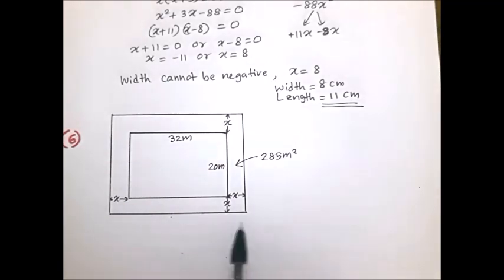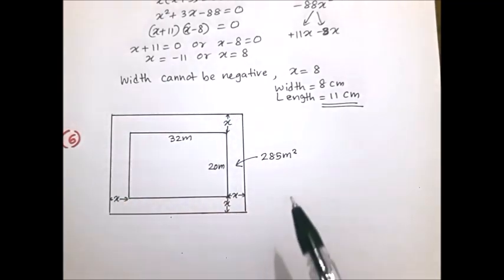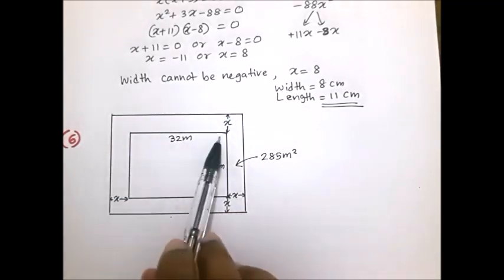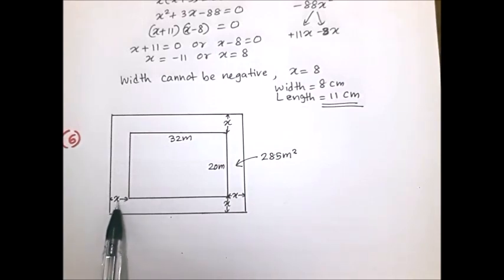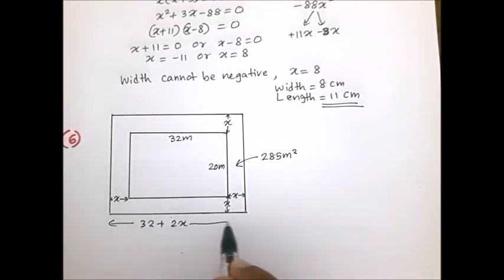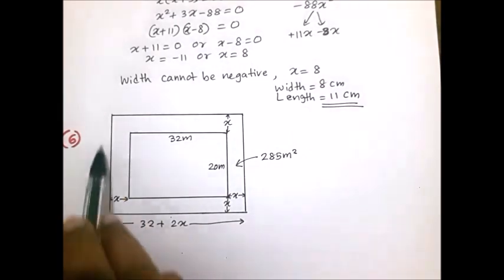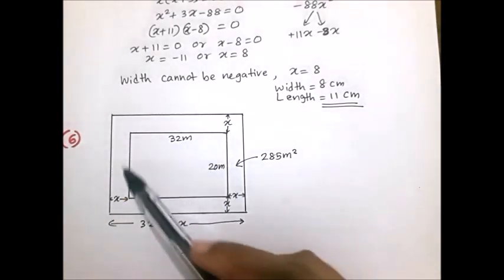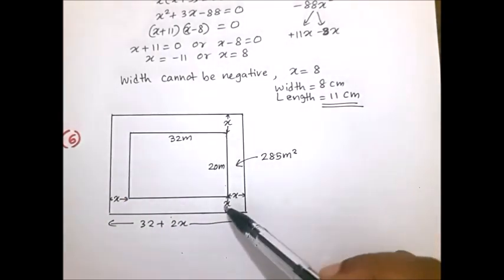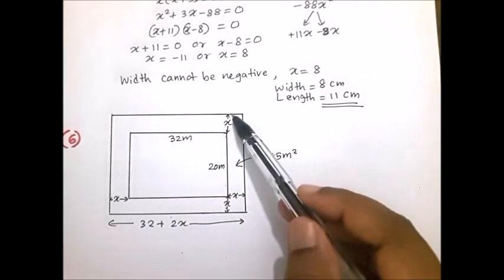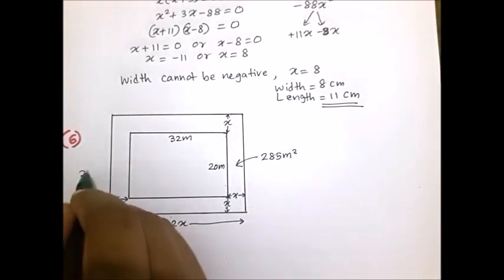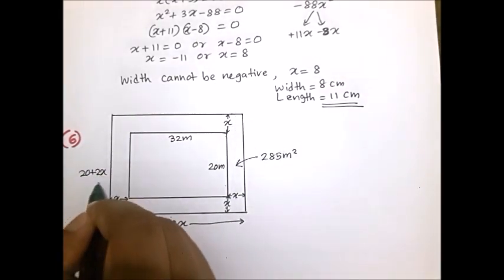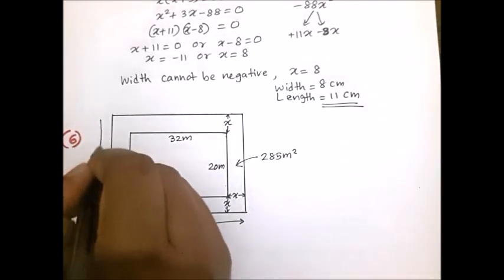Can you find the area of this large rectangle? Here length is 32. When you add these two parts, x and x, it is 2x. This total length is 32 plus 2x. Can you find this total breadth? This one is 20, plus 2x is the total breadth.